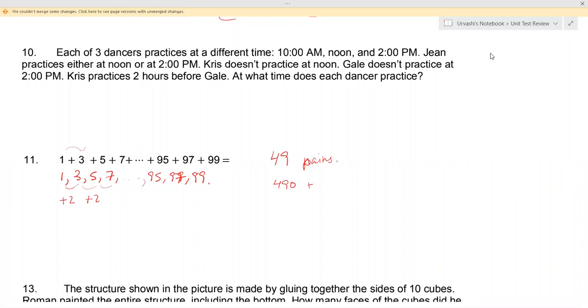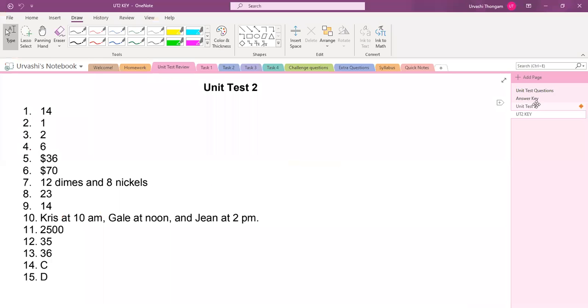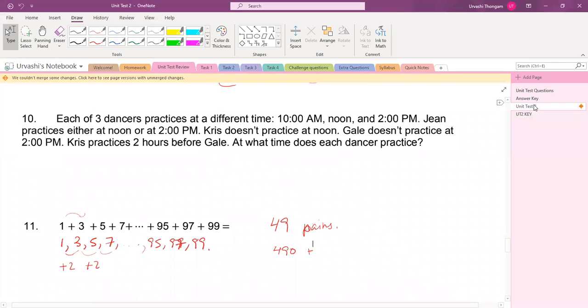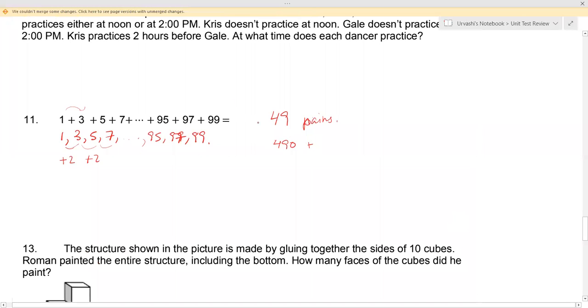Okay. What was the answer for this one? Number 11 should be 2,500. Who got 2,500? Okay, go ahead. I got 2,550, but I didn't get 2,500. Me neither. Okay, Sam? There's a trick to solving this one. What I did is 99 plus 1 equals 100, and then 97 plus 3.